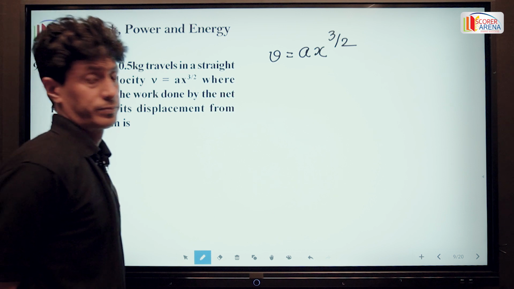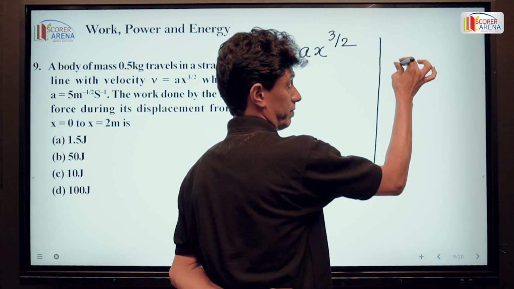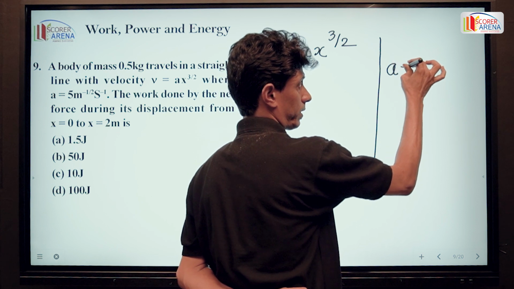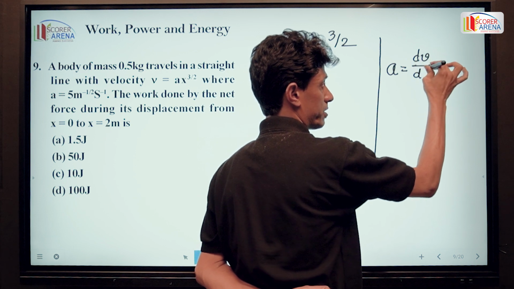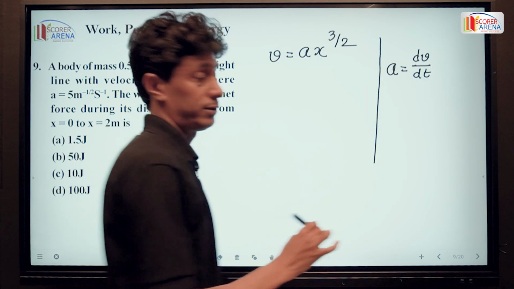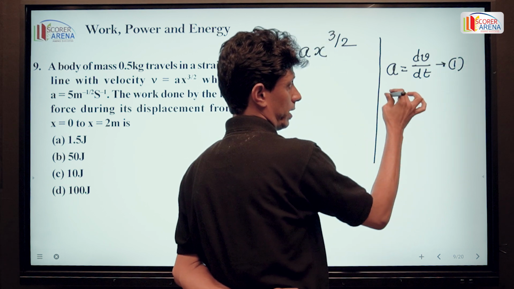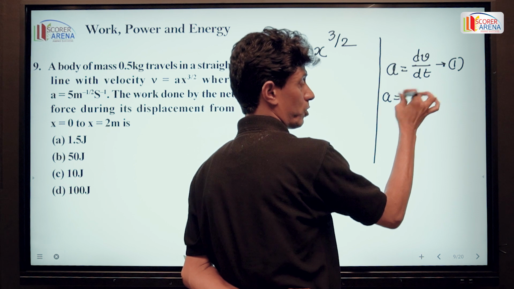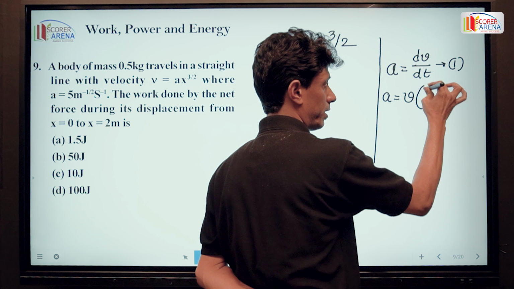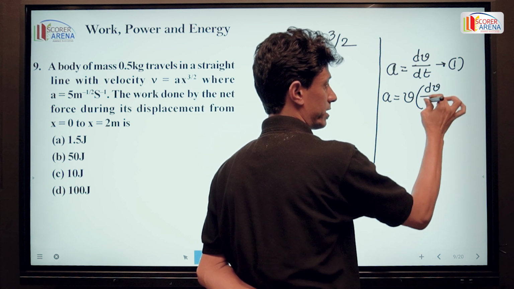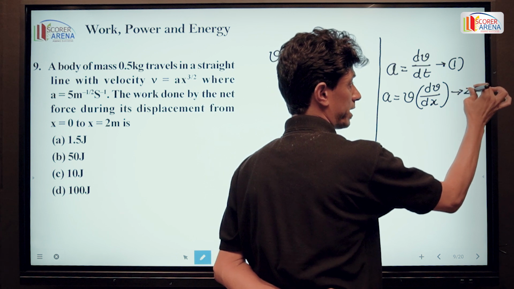You know the definitions of acceleration. dv by dt, the rate of change of velocity, is definition number 1. Acceleration can also be written as instantaneous velocity into the gradient of velocity.